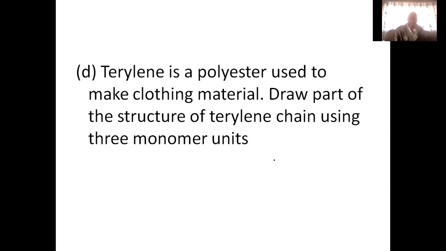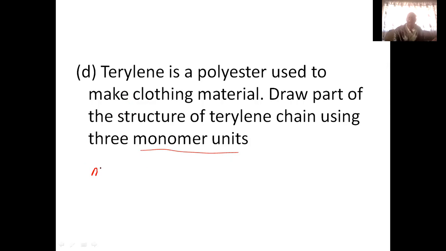Number D, terylene is a polyester used to make clothing material. Draw part of the structure of terylene chain using 3 monomer units. So what are monomer units? The monomer units are the ones you join together to form a polymer.